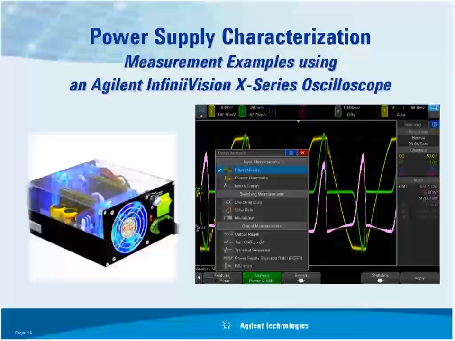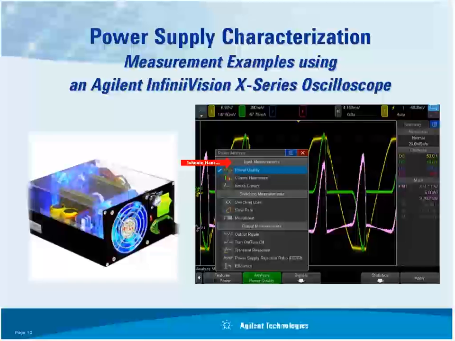So let's now take a look at some of these measurements. We're going to begin by looking at some of the input analysis measurements. And we're going to step through almost all of these and show you what they look like on an oscilloscope. Now, this is the list of measurements that are available on Agilent's InfiniiVision series oscilloscopes. We've organized them based on input, switching, or output type measurements.